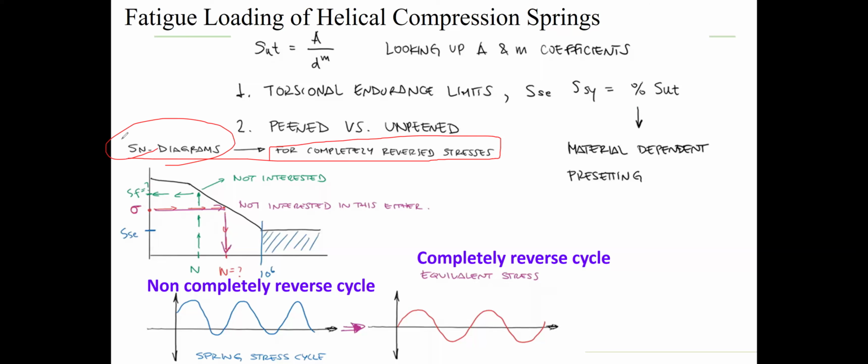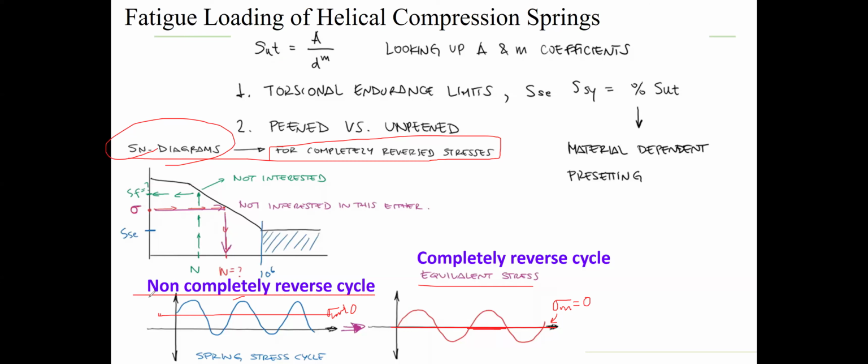What is completely reversed stress? That means the mean stress sigma m equals 0. If sigma m does not equal 0, like in this case where sigma m is right here, it is not a completely reversed cycle.